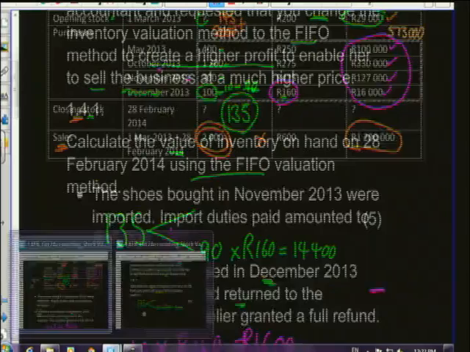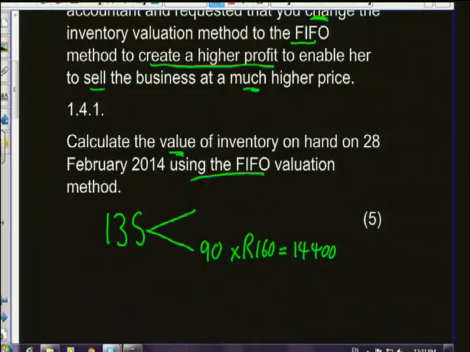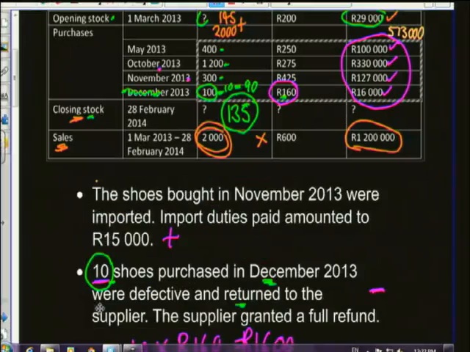So again, back to our answer sheet, 135 units were on hand, 90 comes from the month of December, which means the balance, which is 45, comes from the month of November. In the month of November, if you look at the 45 units, what was the cost price for the month of November? 425 Rand.